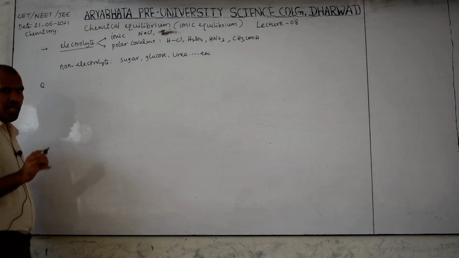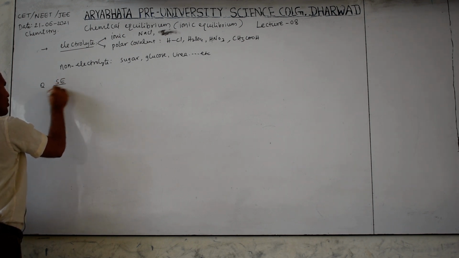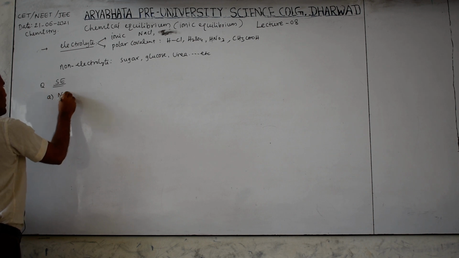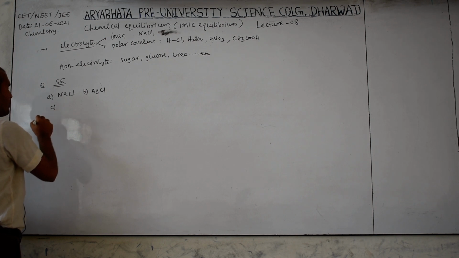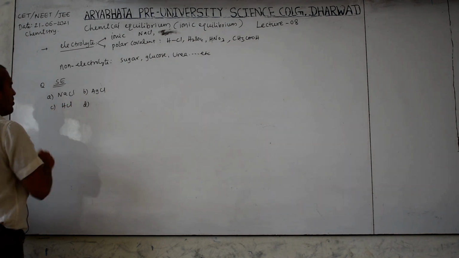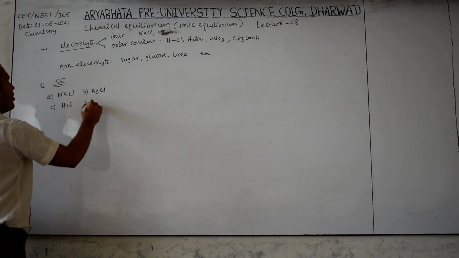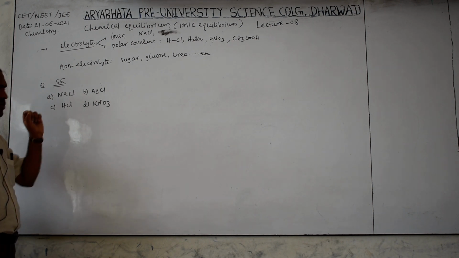Which of the following is a strong electrolyte? Option A NaCl, option B AgCl, option C HCl, option D KNO3.